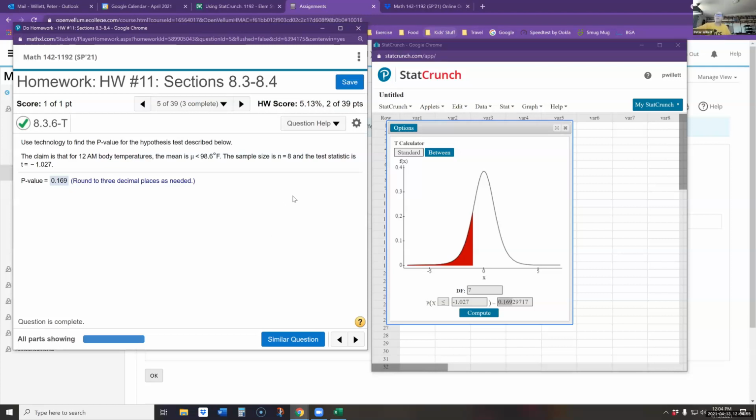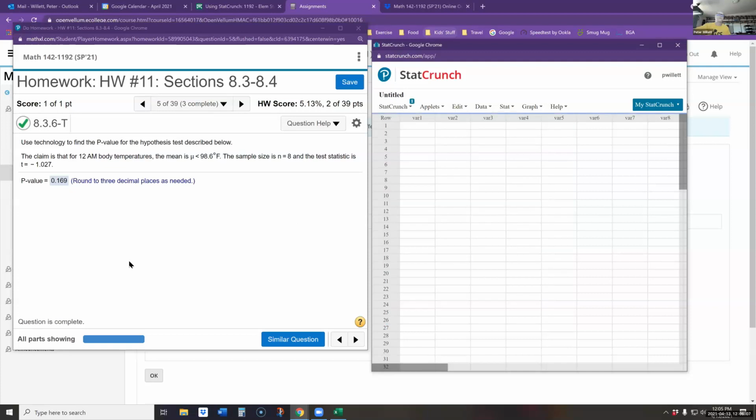Questions about this at all before we try to squeeze one more problem in to finish up today? This could be a very quick and easy point to get on an assignment, or it could be one where you just read it and you're like, I don't know what to do.